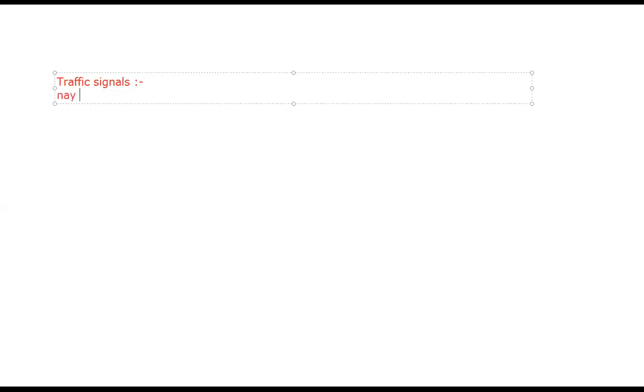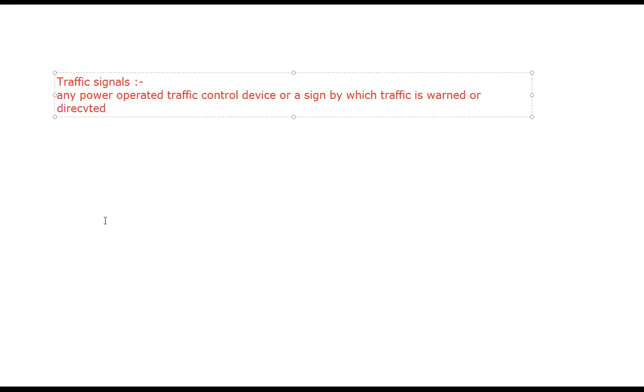It is any power operated traffic control device, or we can say a sign by which traffic is warned, or we can say directed, to take some specific action.